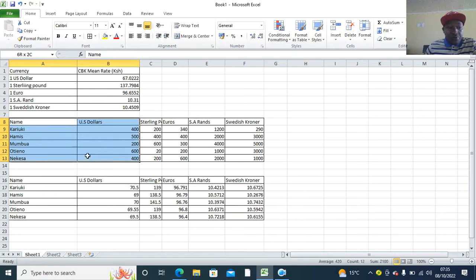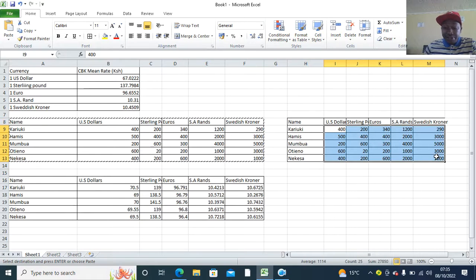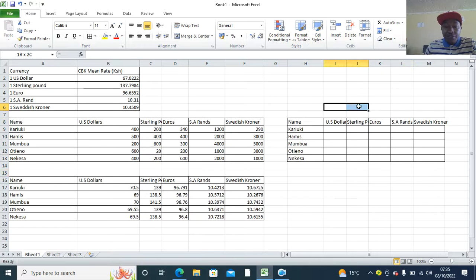So I need to copy this, then copy this, then I just paste it somewhere here. That is good. So I then delete this, I delete that one so that I can merge and type profits. I need to calculate the profits here.